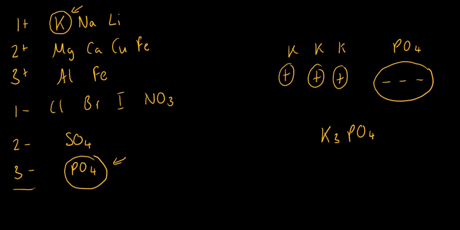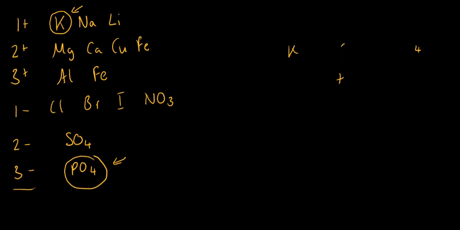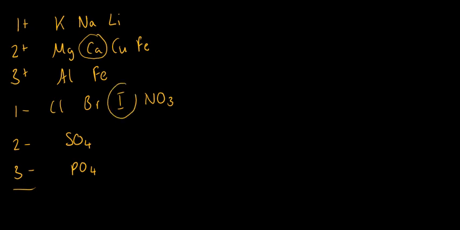Okay, so now let's say I wanted to know what a compound is going to be if I was going with calcium, Ca, and iodine. So if you pause the video and have a go at this one.